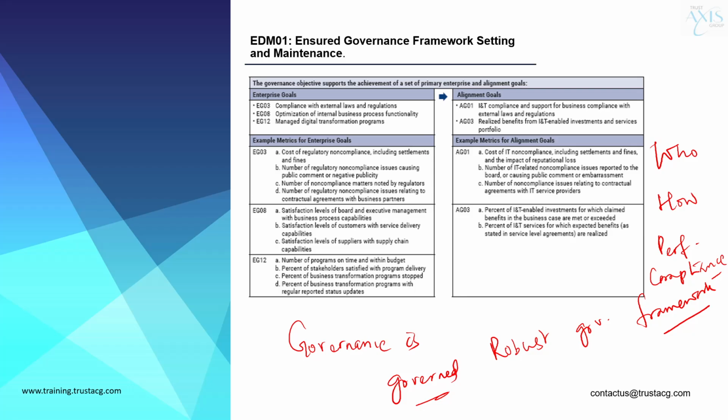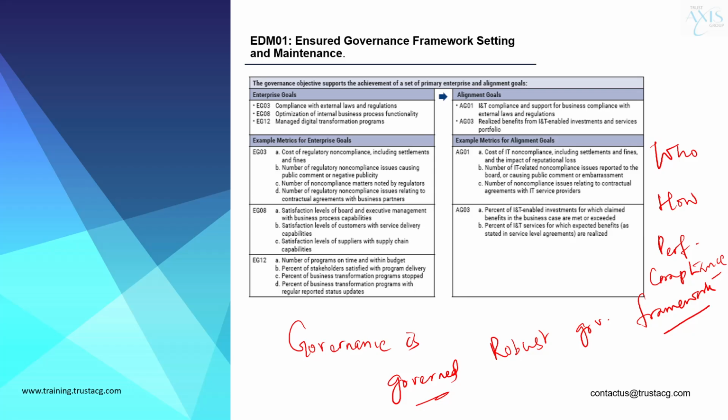Now, the governance objective EDM01 supports three specific enterprise goals defined by COBIT, which reflect what the organization ultimately wants to achieve through effective governance.